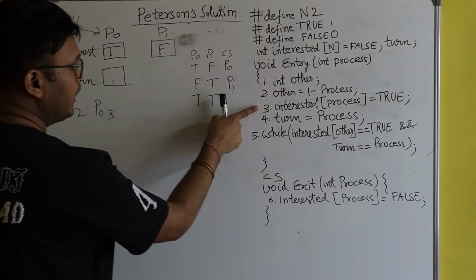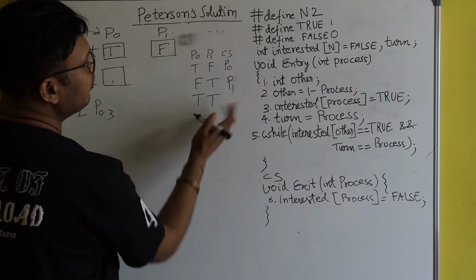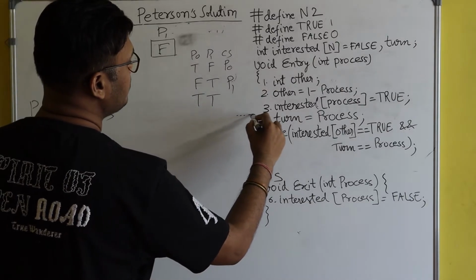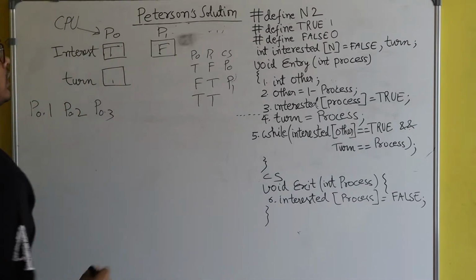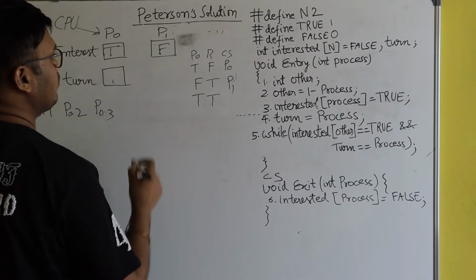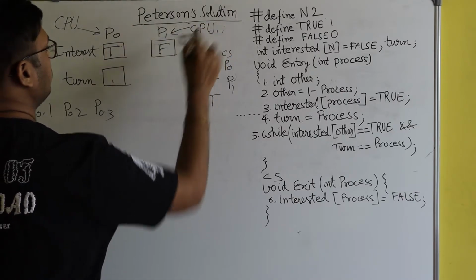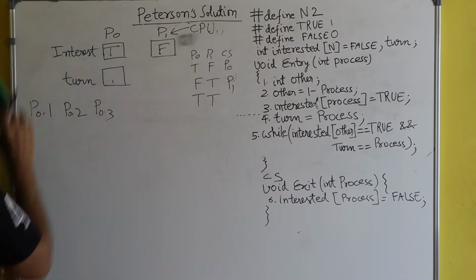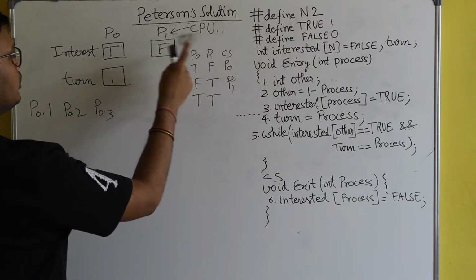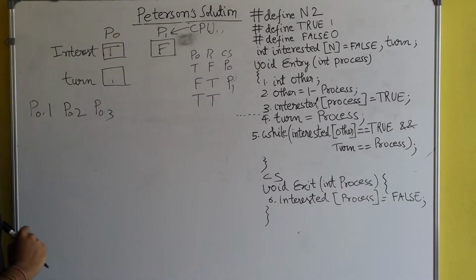After executing line number 3, before P0 could execute line number 4, suppose preemption happened at this point, and the CPU is given to process P1. You will see what will happen now. Since CPU is given to process P1, now P1 is the process and other is P0. Here context switching happened.